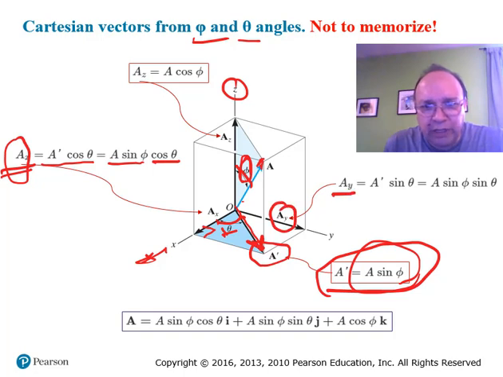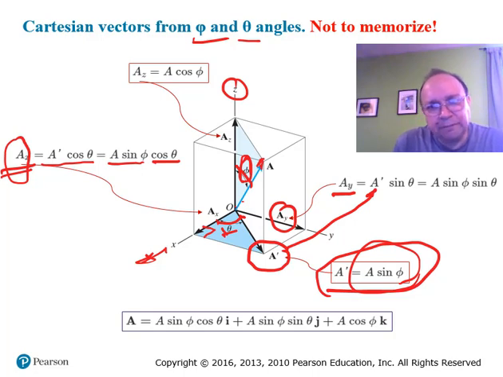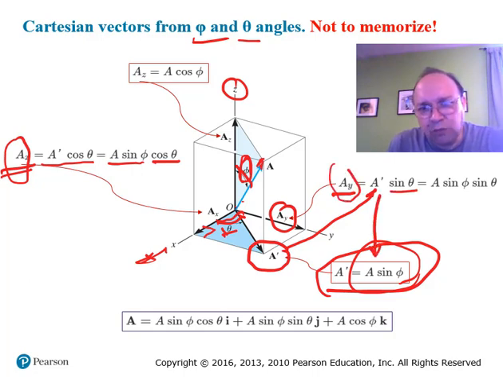The y component could be found by taking the A prime projection multiplied by sine of theta, right? And A prime comes from here, so the y component will be A sine phi sine theta.